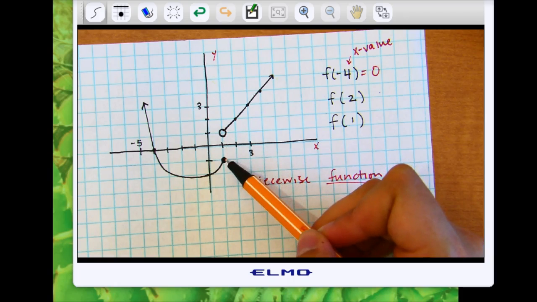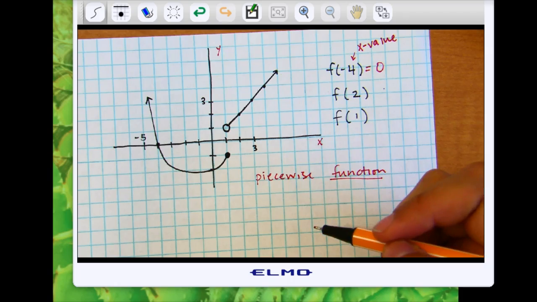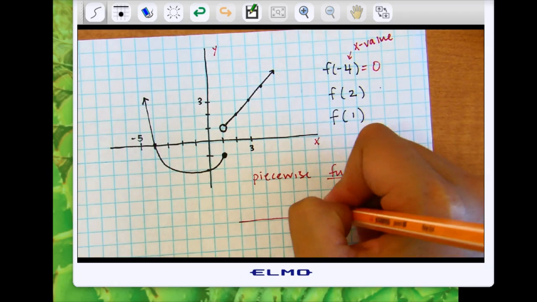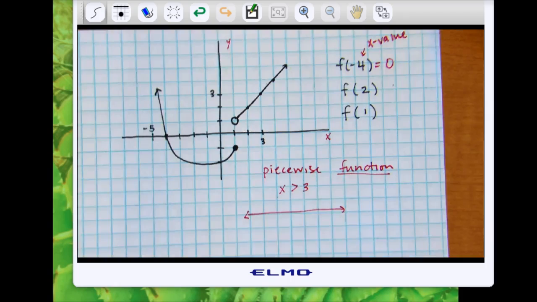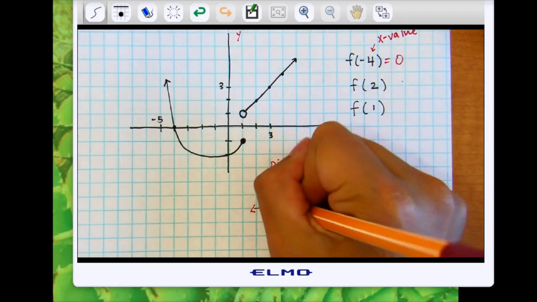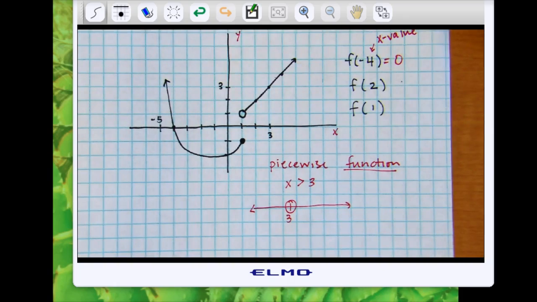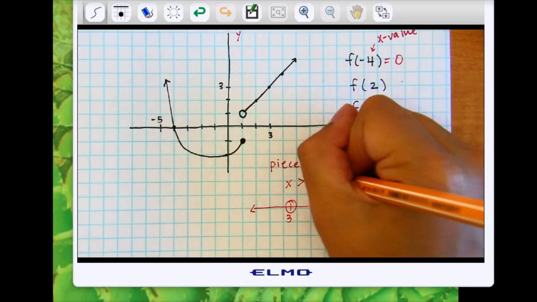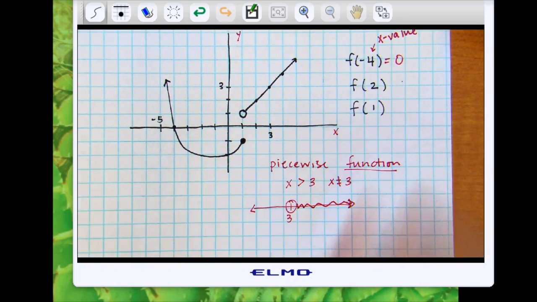Between those two, if you remember from graphing inequalities, if I'm graphing an inequality on a number line, let's say x is greater than 3. If it's greater than 3, then at 3 I'm going to put that open circle, meaning that x cannot equal 3. So my graph would look something like this.